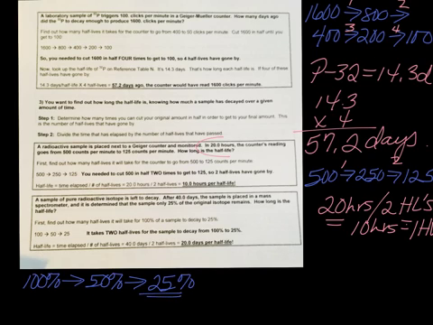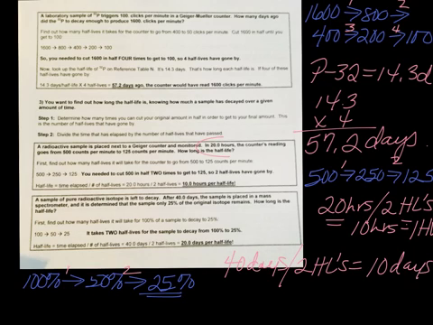So I got to my 25%, and that was 2 half-lives. So we know that it was a total of 40 days. So 40 days underwent 2 half-lives.